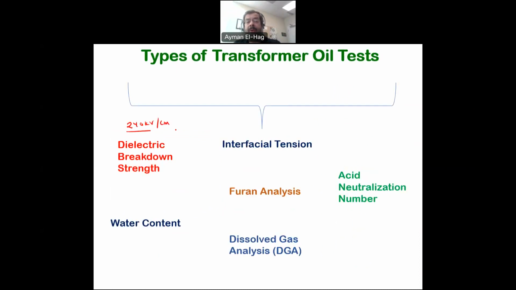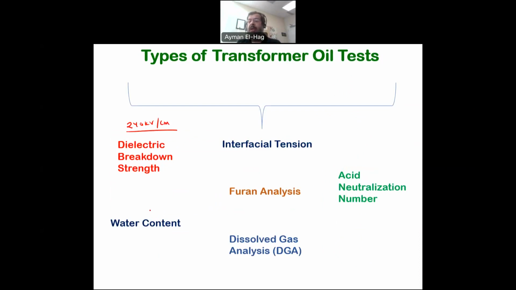When the transformer oil starts to age, we start to have carbon, so its dielectric strength will start to decrease. We need to measure that and see how much it is right now, and there is a certain threshold value after which we consider the oil extremely bad.